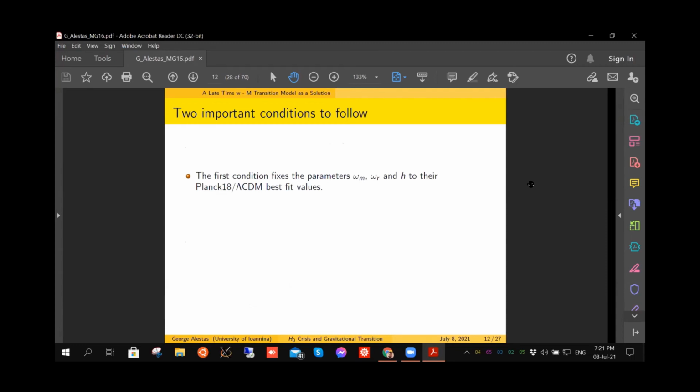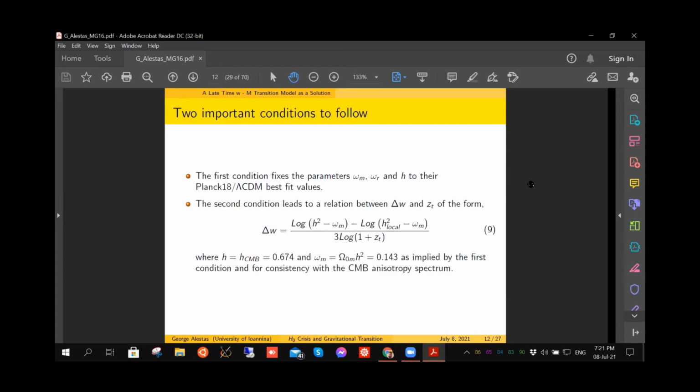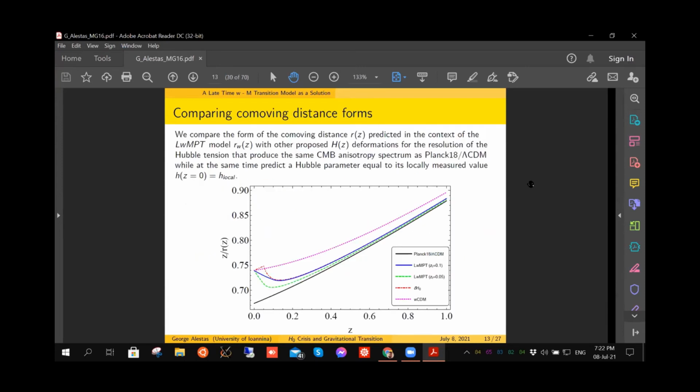Now, the first condition fixes the parameters omega_m, omega_r, and h to their Planck-Lambda CDM best-fit values, while the second condition gives relation 9 between delta w and z_T, where we have fixed h at the CMB value and omega_m h squared at 0.143 for consistency with the CMB spectrum.